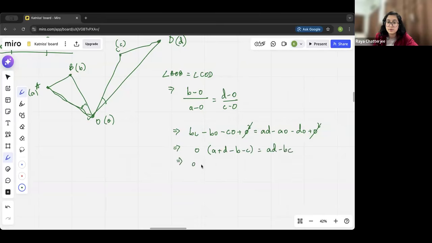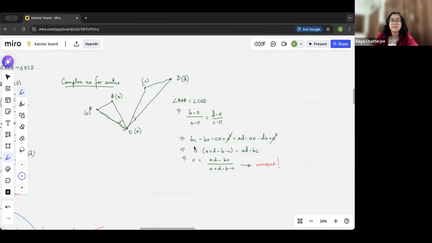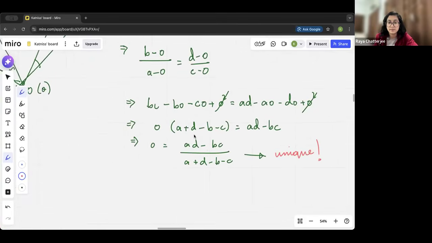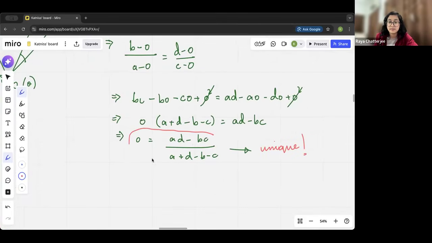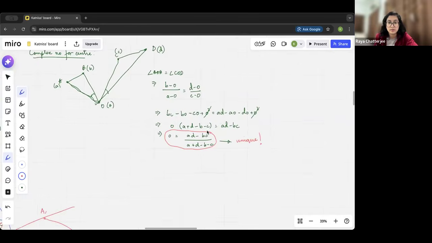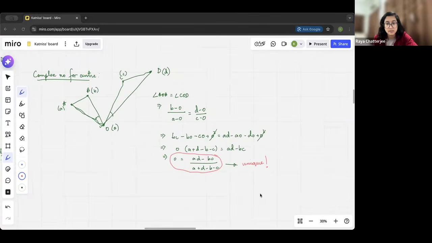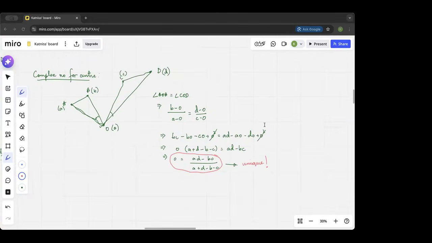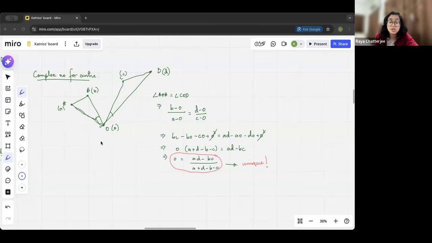So O is equal to (AD minus BC) by (A plus D minus B minus C), which is unique, right? So you get a particular formula for the complex number. Does this make sense? It's just calculation. Is this clear to everybody? Yeah, okay. So, therefore, this is uniquely determined by A, B, C, and D, right?